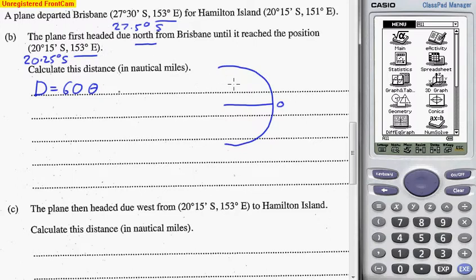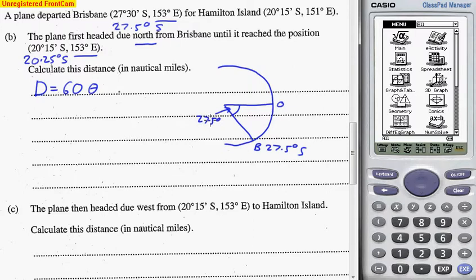Right, here we go. Let us mark in the place we're leaving, which is Brisbane, which is 27.5 degrees south. My diagram, of course, is not to scale in any way. There's Brisbane, and it's at 27.5 degrees south. That means the angle there is 27.5 degrees.